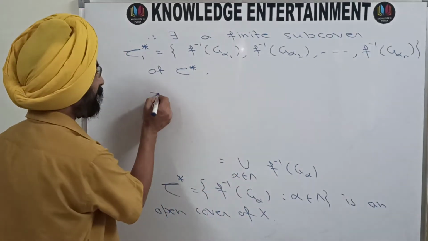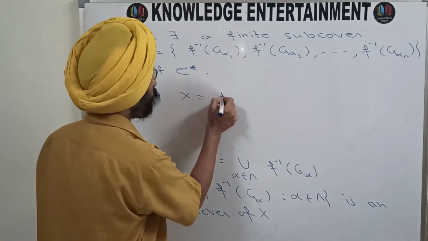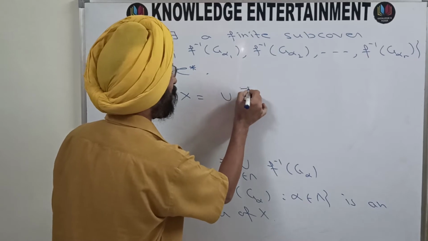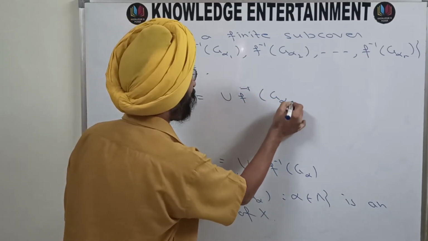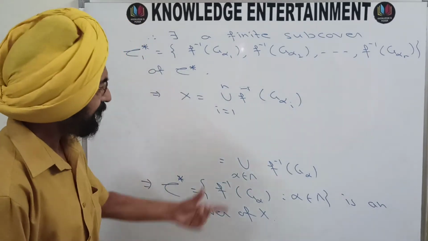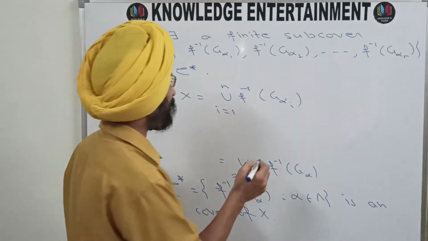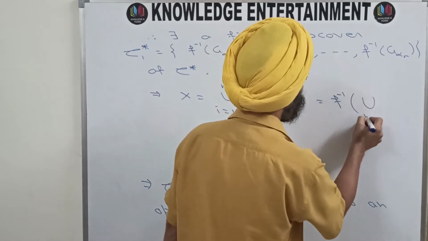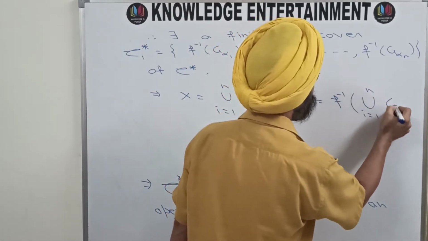So you can say that X is equal to the union of f inverse G_αi, i varying from 1 to n, and this union you can write as f inverse of the union, i varying from 1 to n, of G_αi.